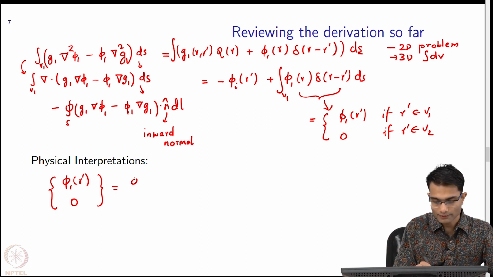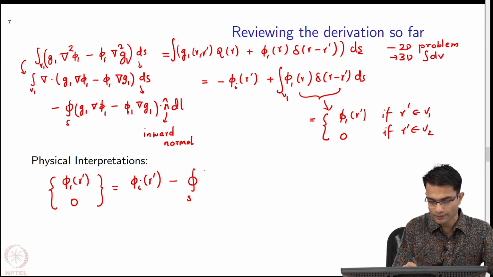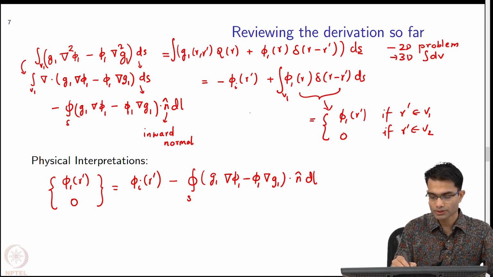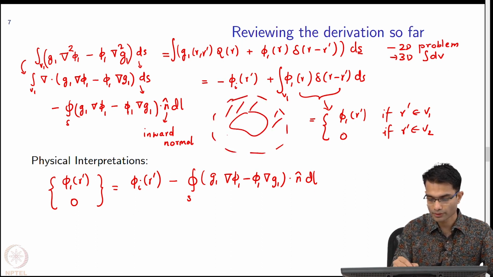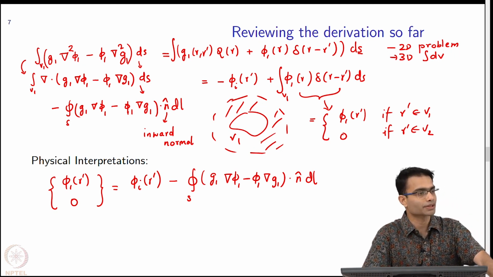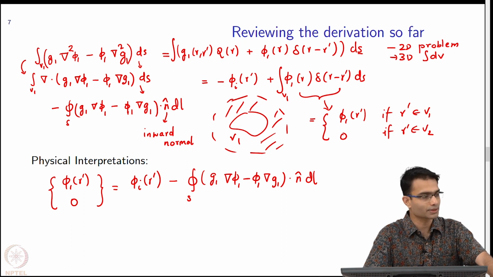So phi incident I will take on the other side, r prime, okay, and this other term remains as it is, right. So I have g1 grad phi 1 minus phi 1 grad g1 dot n hat dl, right. And remember, this was over this volume over here, V1, that's where I was integrating.